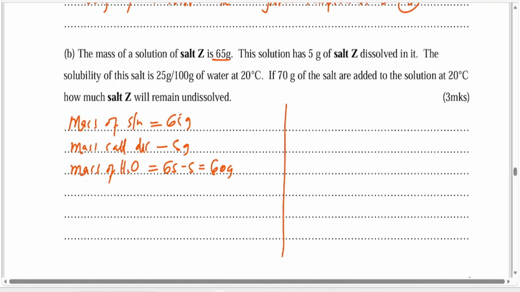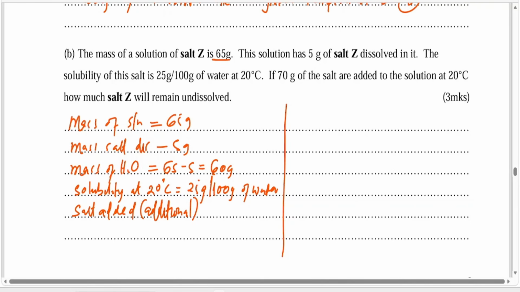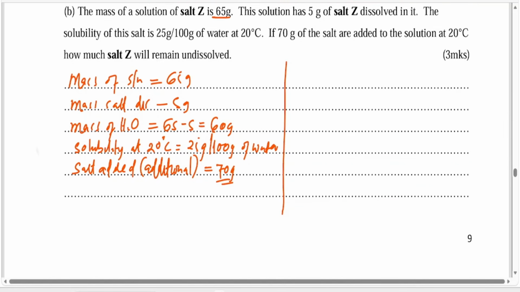Solubility at 20 degrees Celsius is 25 grams per 100 grams of water. So we need to understand that we have additional salt added. Additional salt added is 70 grams. Remember, we had 5 grams that was already dissolved.